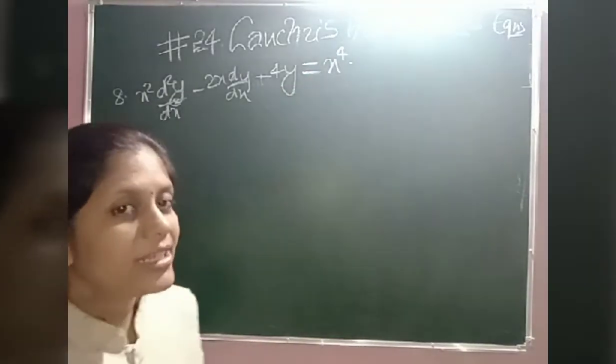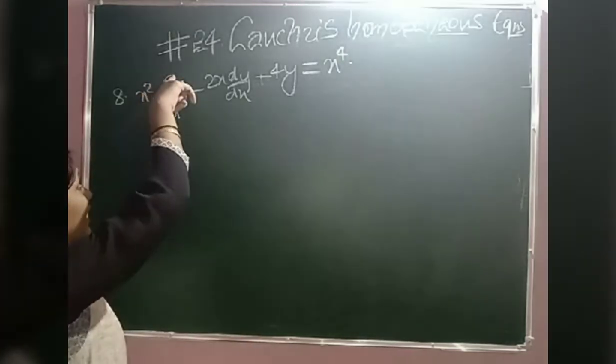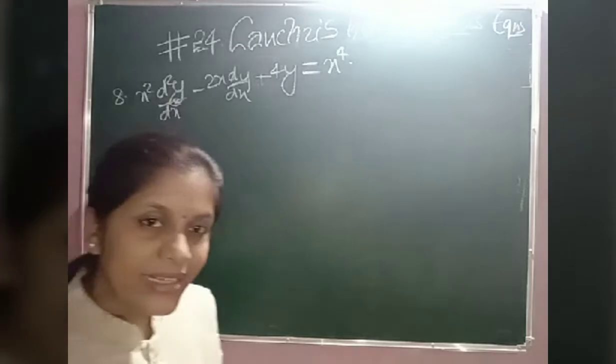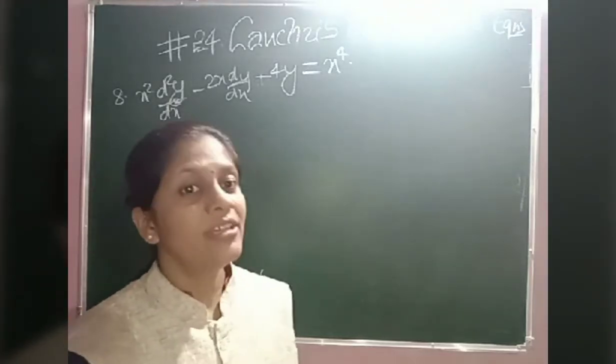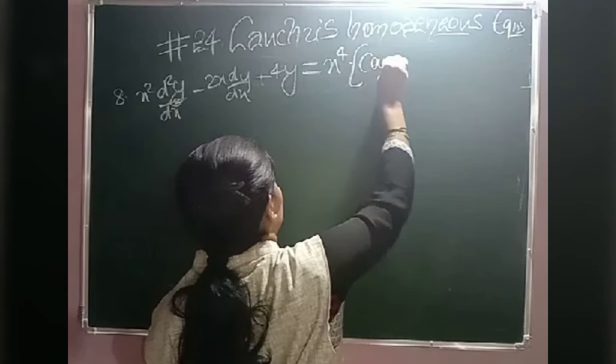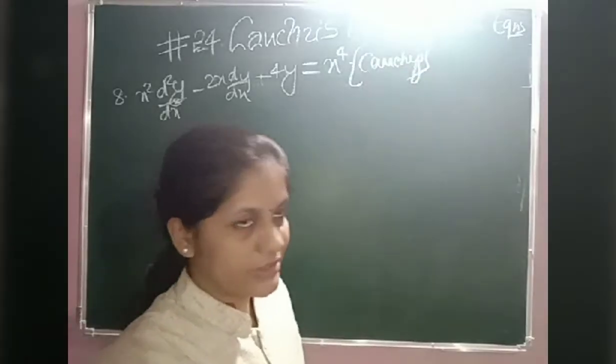So again same thing, as soon as we see, we understand Cauchy's equation because x power n, all these three are same. So this is already given in standard Cauchy's equation form. So let us use substitution and let us solve for the same.